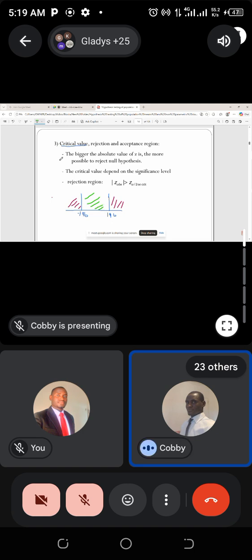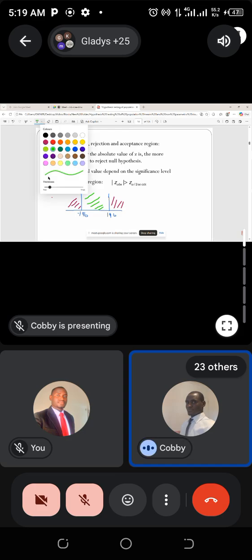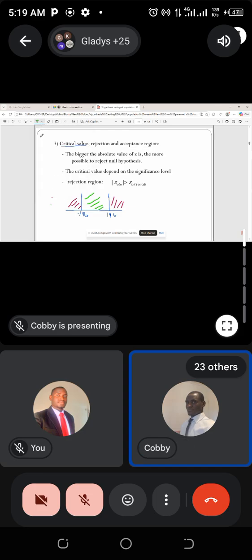Then the statement says the greater the absolute value of z, the test statistics we calculate, the more possible to reject the null hypothesis. So this region in red is the rejection region.